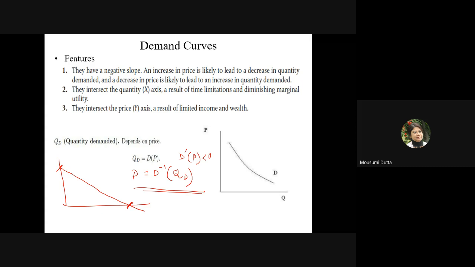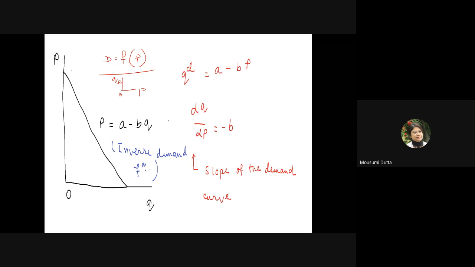For that matter, we say that the curve we are drawing follows the inverse demand function. So the demand curve we generally present is nothing but the inverse demand function. It is not presenting the demand function, rather it is presenting the inverse demand function.